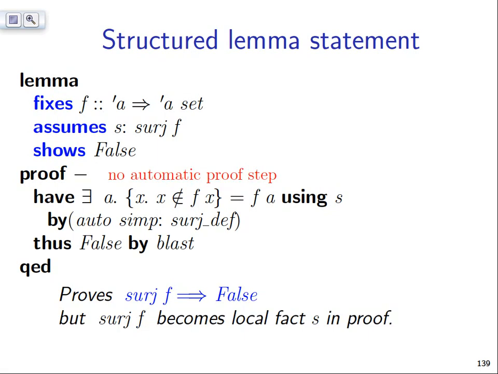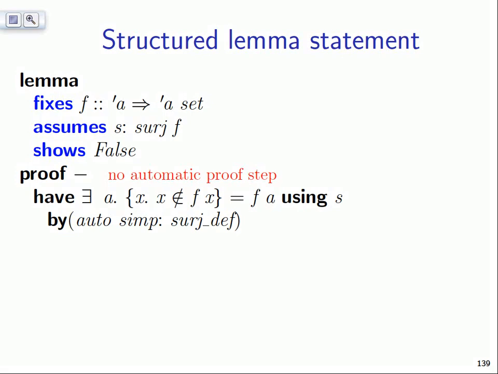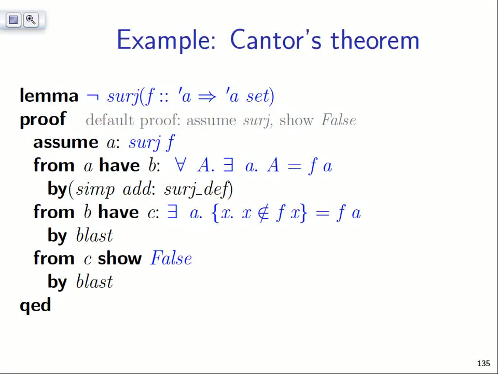And the difference is, if you compare the previous proof, what you see here, you have this text surjective F twice in the proof. Once in the lemma statement up here, and once again as an assumption down there. And that's something that one often tries to avoid, duplicating text, because it's bad for maintenance.